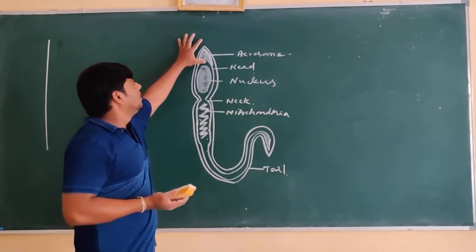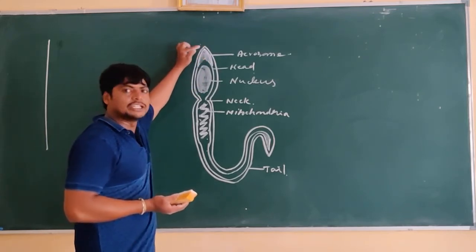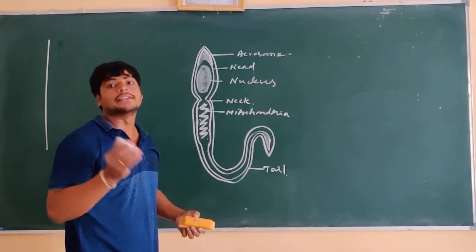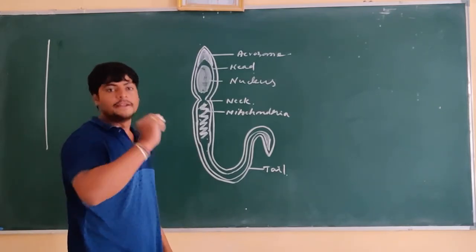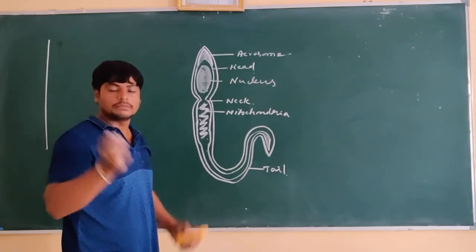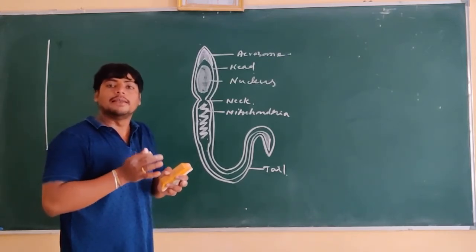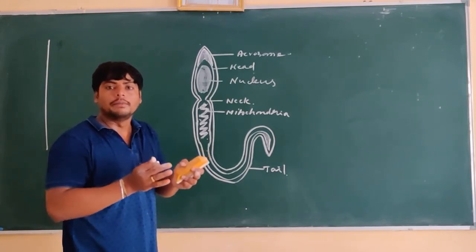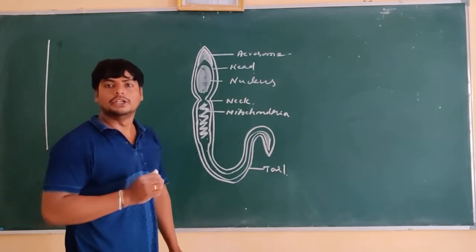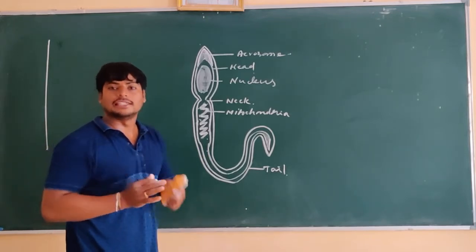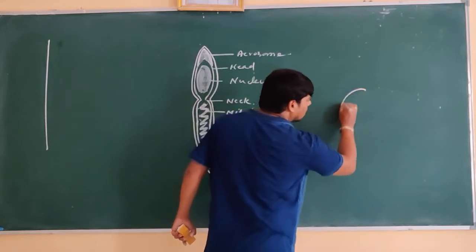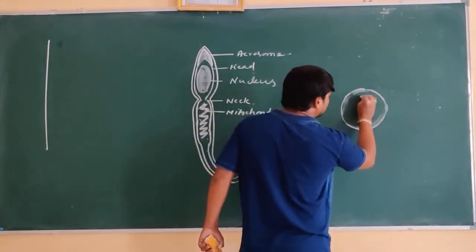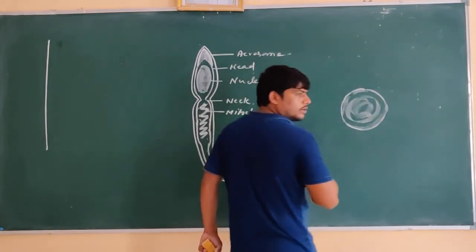At the tip of the head you can see one small extension called the acrosome, which contains enzymes or biochemical substances that help to break the membrane of the ovum during the process of fertilization. So this is the ovum, and the ovum consists of a nucleus, as we know.